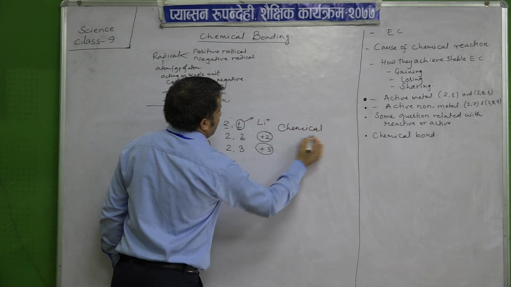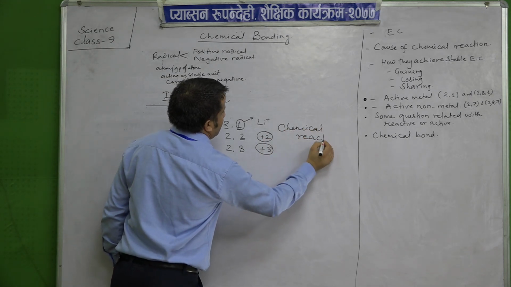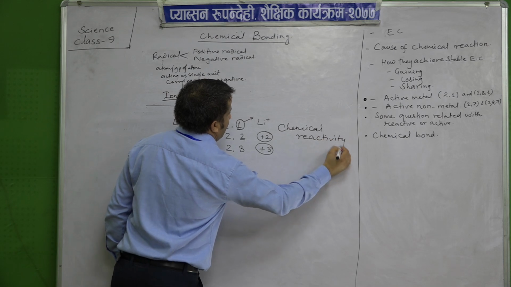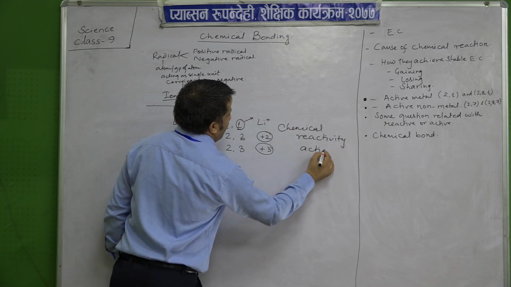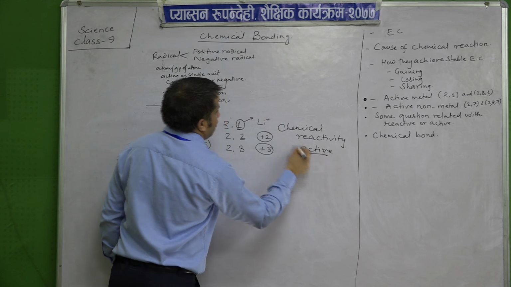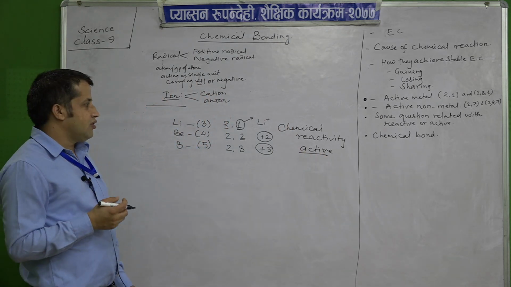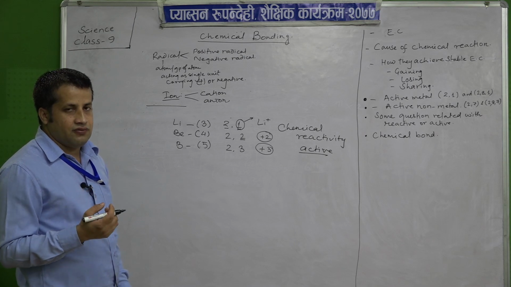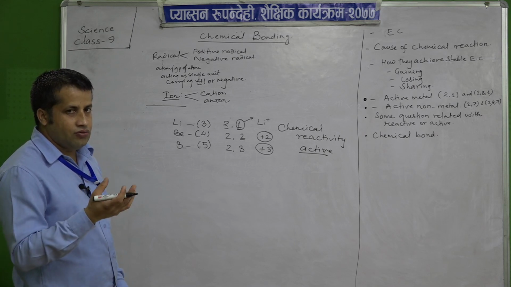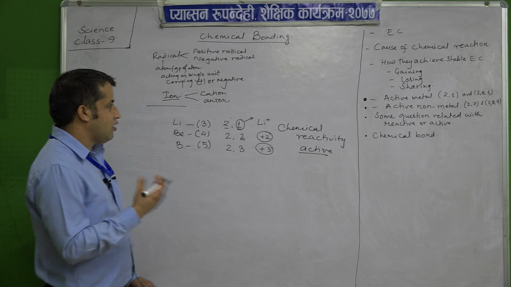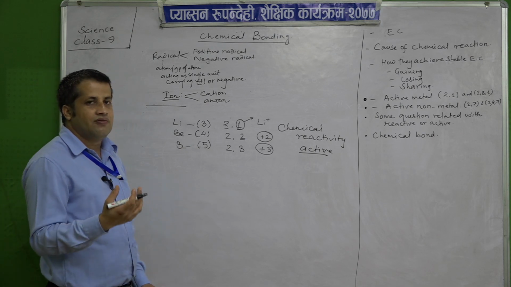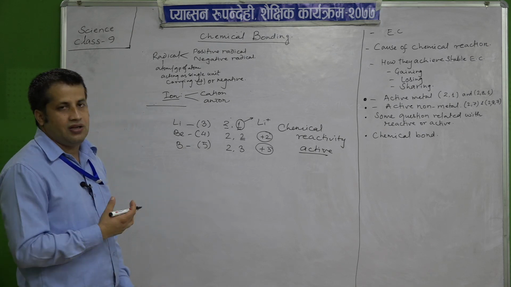Chemical reactivity, or you can say chemically active. Sometimes we add the term "active", chemically active. I am trying to explain what you understand by chemical reactivity or an active element.